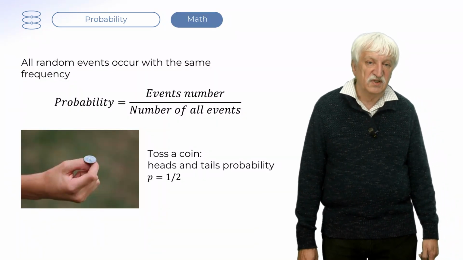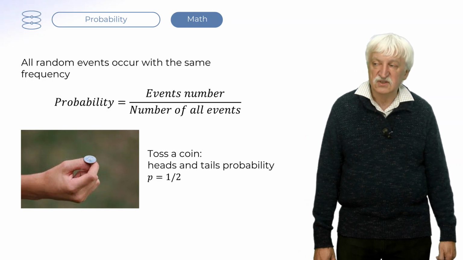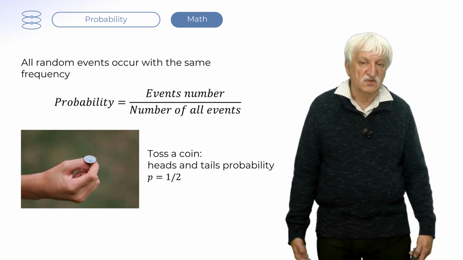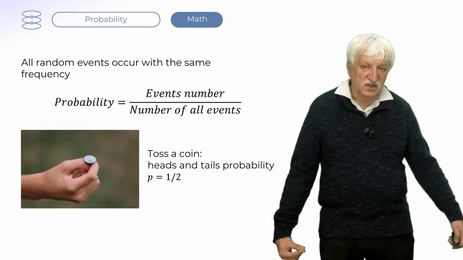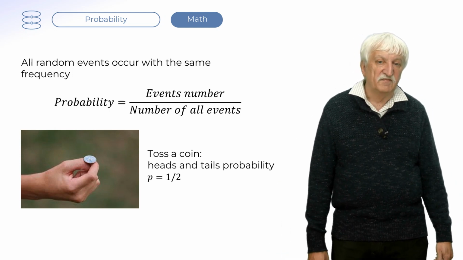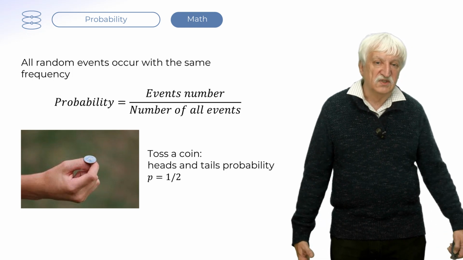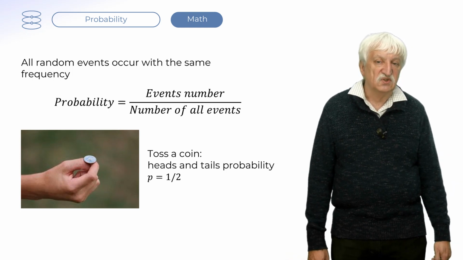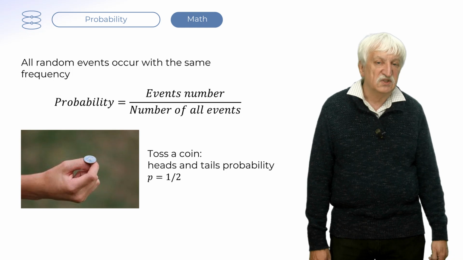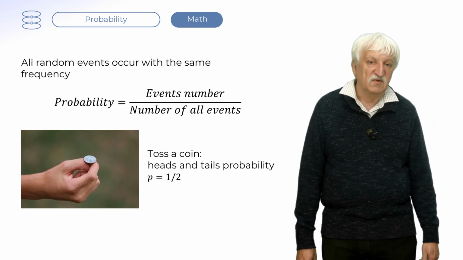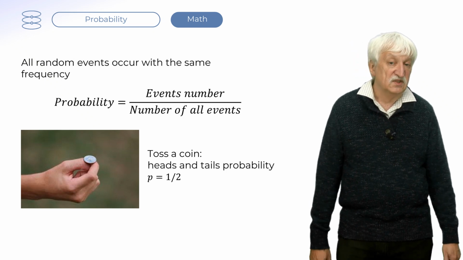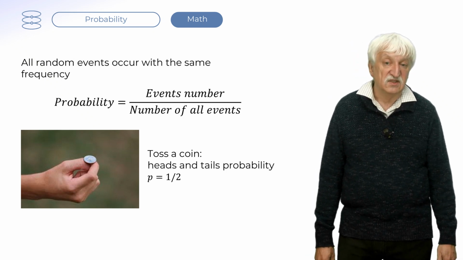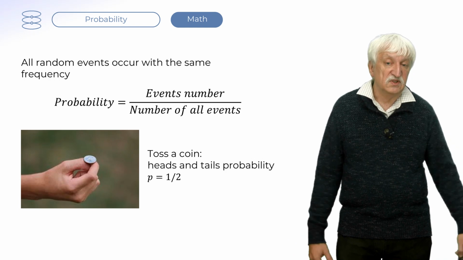At this step, we need to understand the important concept of probability. Consider random events. All random events occur with the same frequency, so in this case the probability is the number of the event divided by the number of all events, in the case when the number of all events tends to infinity.